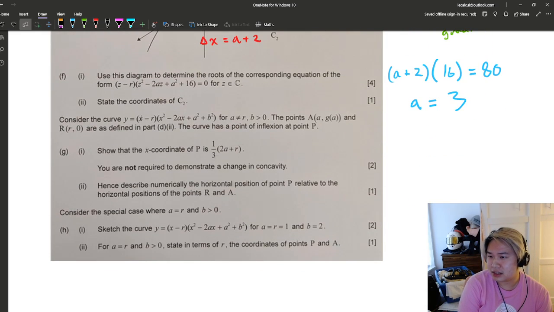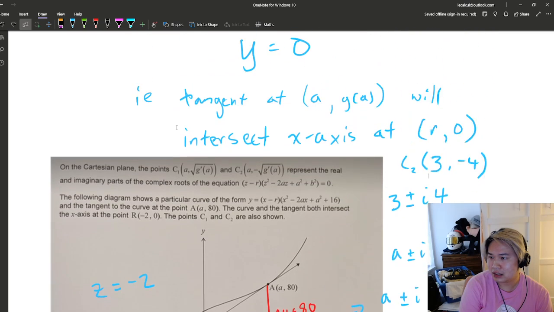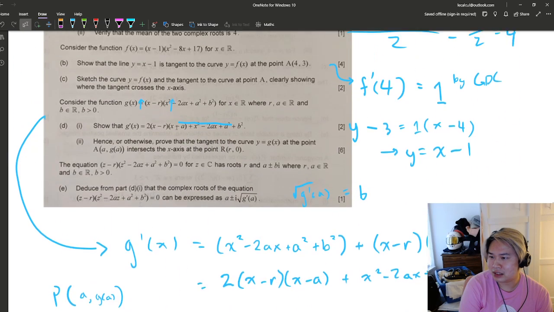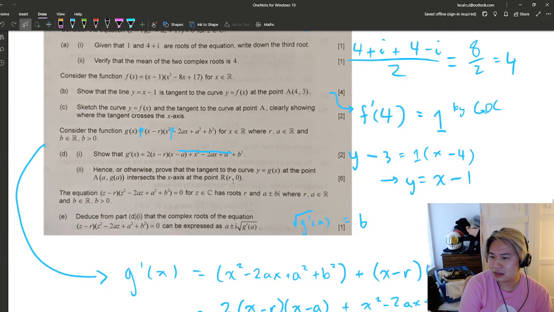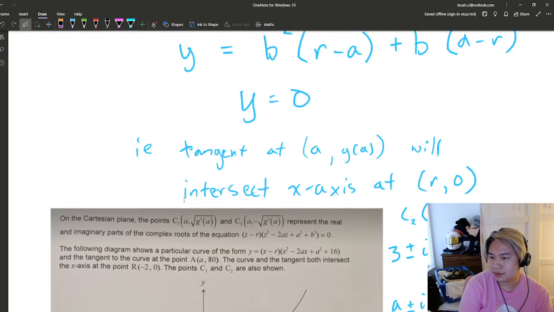Okay, and then consider this curve. So as long as a is not r, these points in r as defined in dii. What the heck is dii? Sure, okay, yeah.